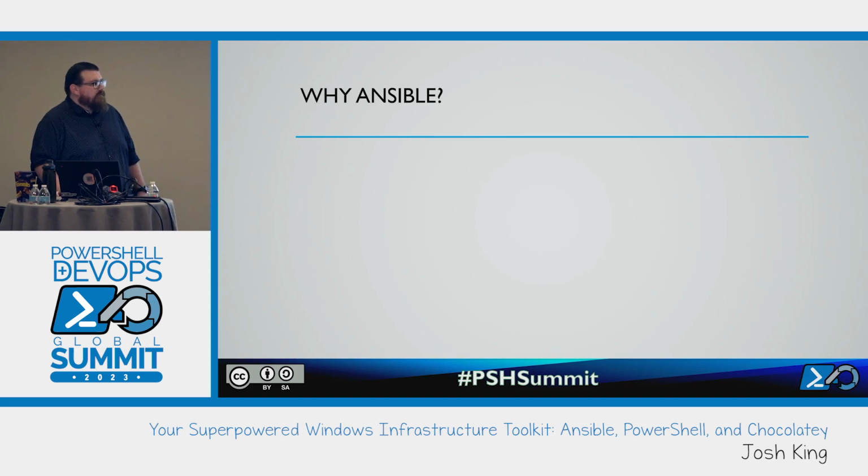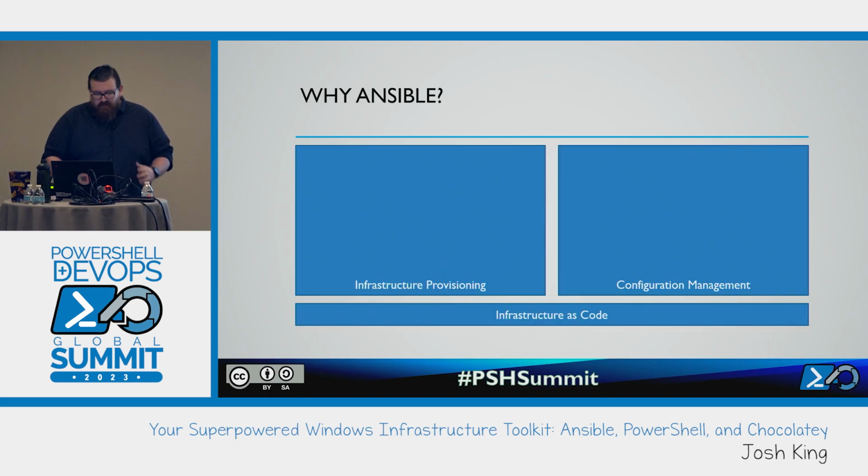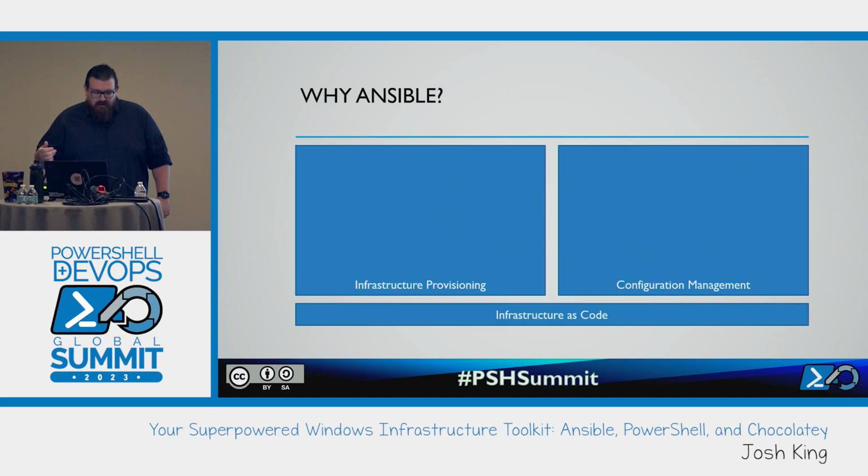Now, there's a few options in the infrastructure as code space, so why Ansible? I'm oversimplifying things a bit here, but infrastructure as code, as the broad term, can be separated into your infrastructure provisioning and your config management. Infrastructure provisioning being creating your VMs, virtual networks, storage, all of that sort of stuff, and configuration management is setting up those VMs so that they actually do the tasks they're designed to do.